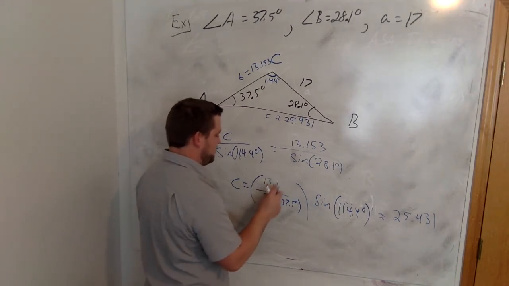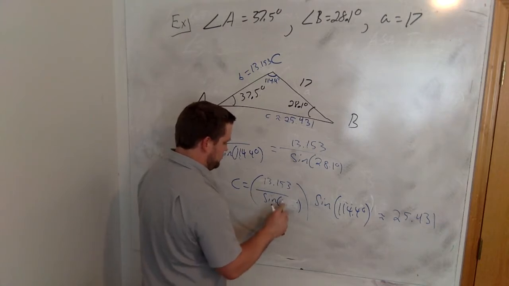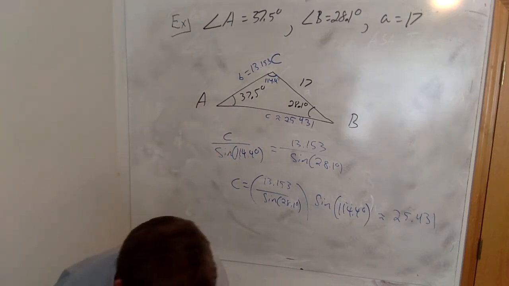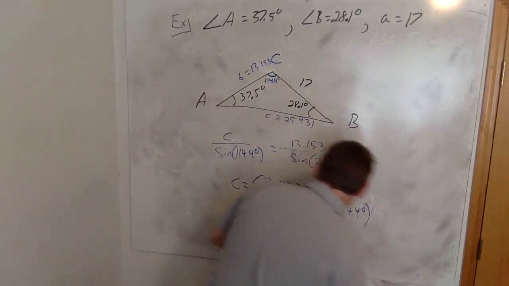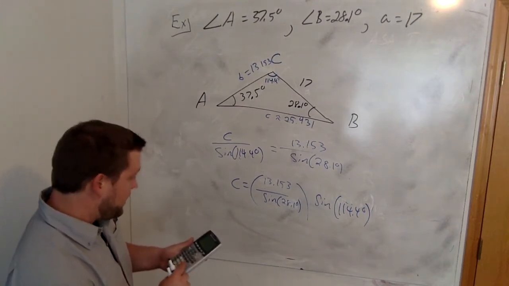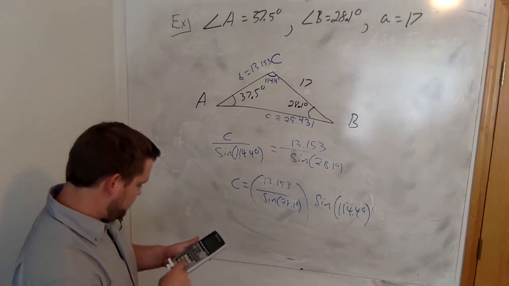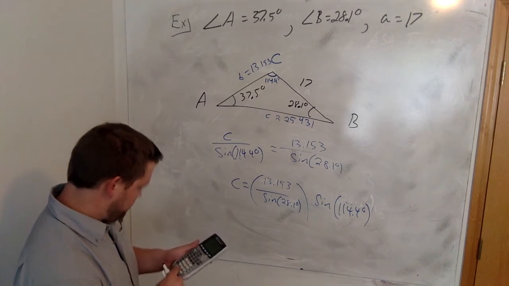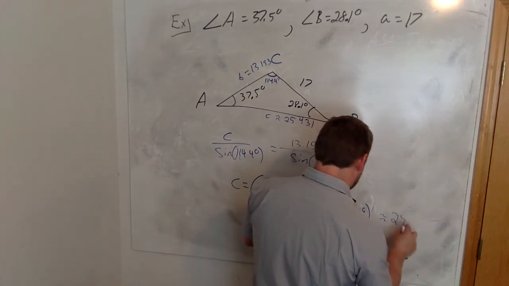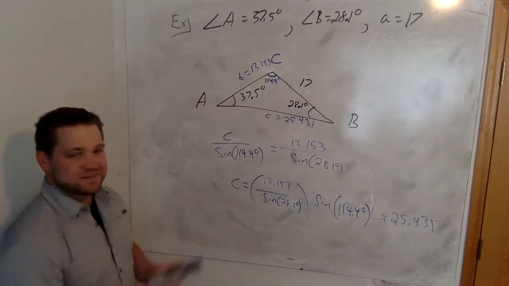So let's plug this into our calculator: 13.153 times the sine of 114.4 divided by the sine of 28.1. Yeah, I'm getting the same thing, 25.431 rounding to 3 decimal places. So we got the same answer.